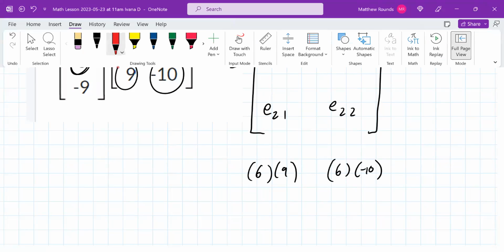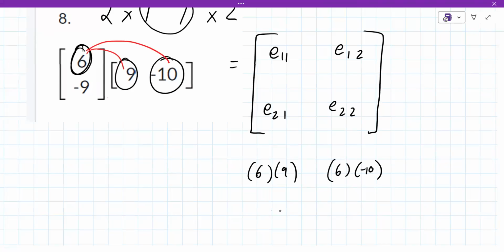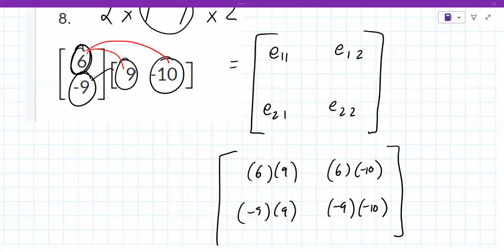It's like, all right, I give this to this, and then I give this to this. And then for the next row, you take this minus 9 to 9. Then you take the minus 9 to minus 10. Okay, so go ahead and multiply those out.